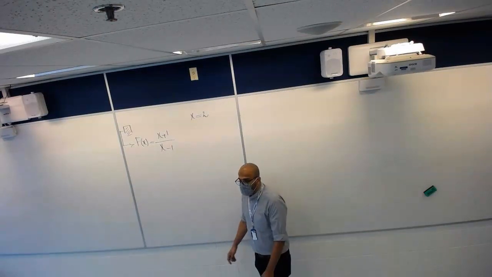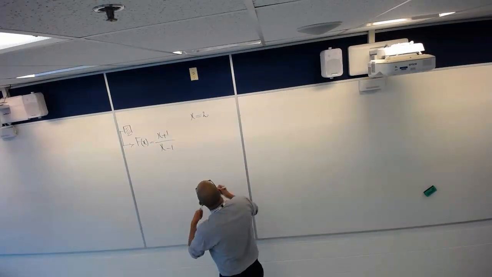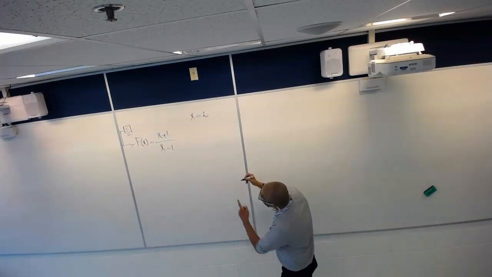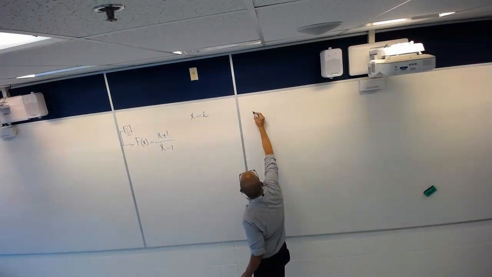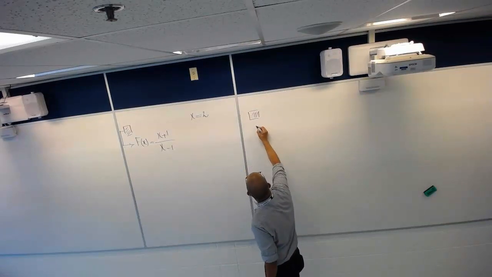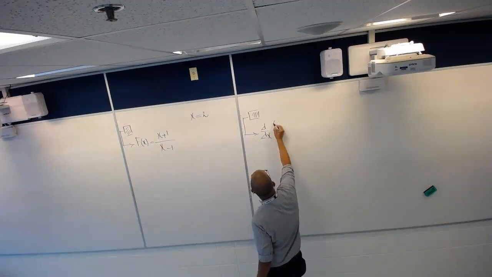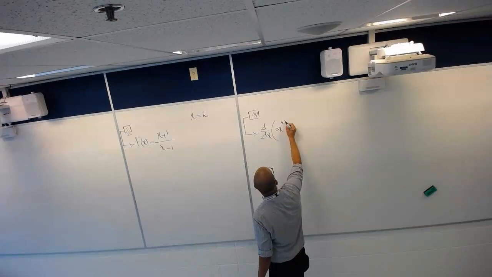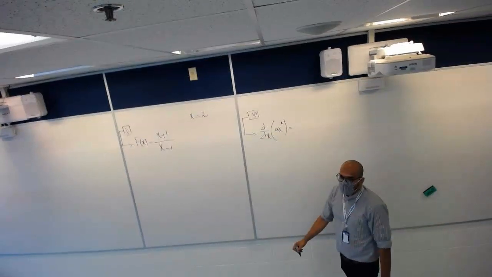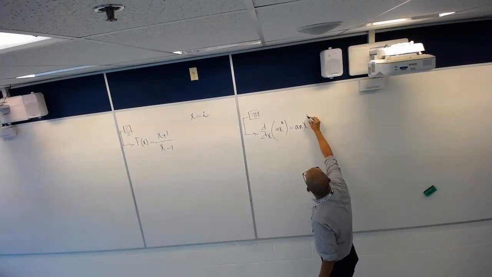So far, when we're looking for the derivative of a function, we said as a first formula, if we have a power function, the derivative is n x to the n minus 1.